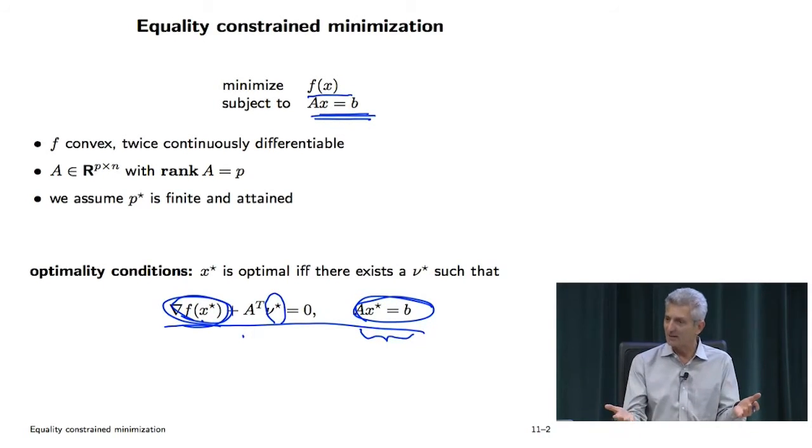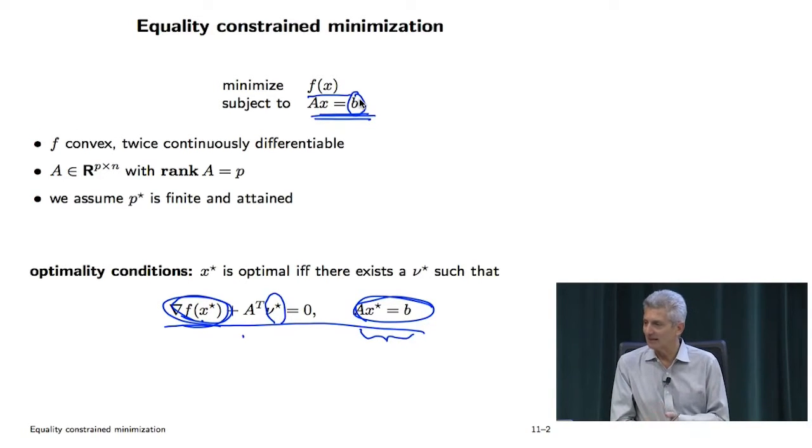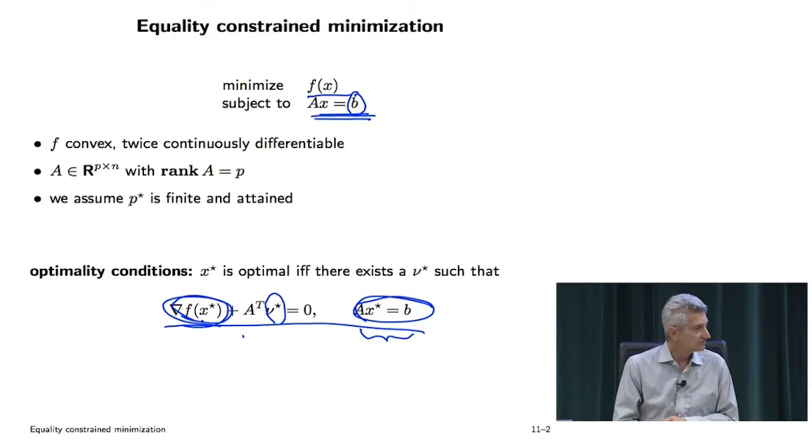So that would be the economic interpretation. Then in fact, nu is a vector of the optimal prices of each of those commodities. Basically, the interpretation of nu star is: what if you allowed me to change b a little bit? What would happen? Nu star tells you how the optimal value would change. Okay, so I just mentioned this.